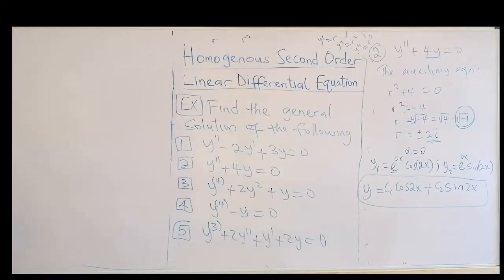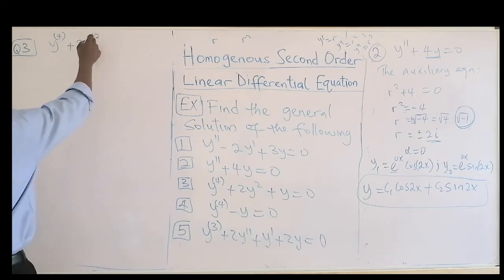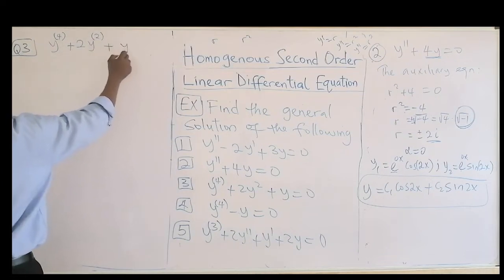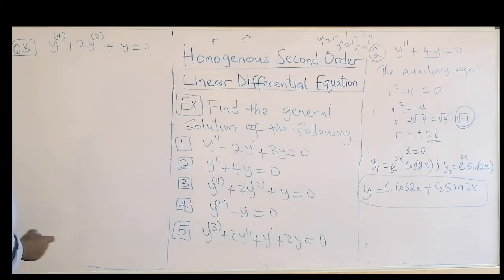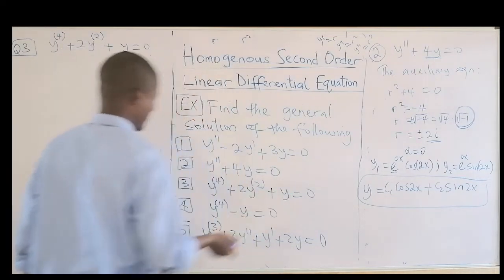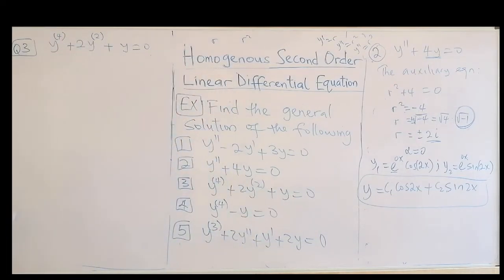Question 3. We have the fourth differential of y plus 2 times the second differential of y, plus y, equal to 0. Put a bracket here; it's the second differential, not y squared.